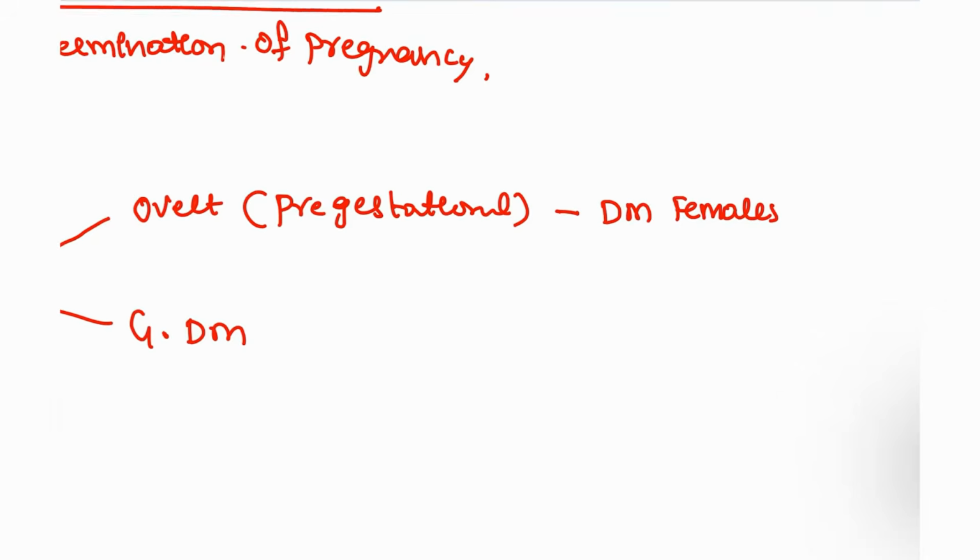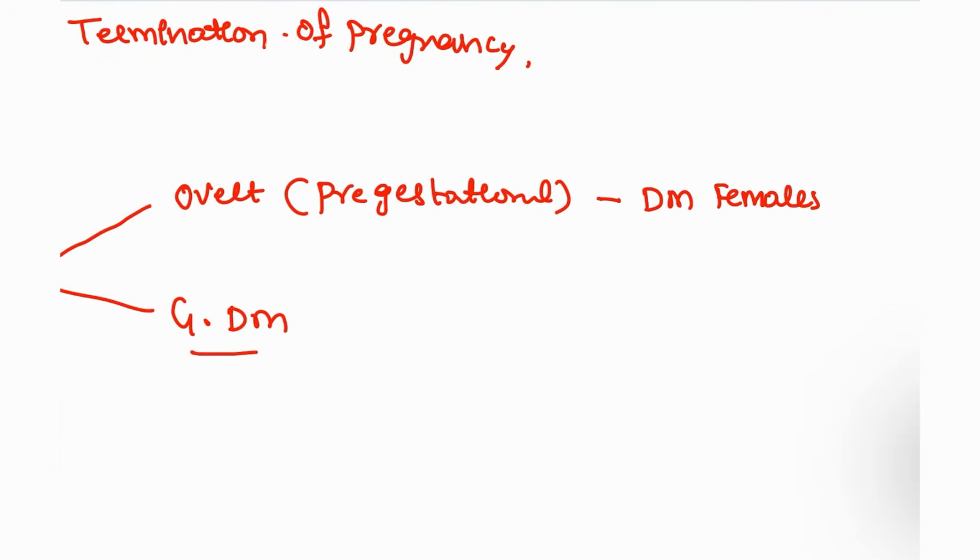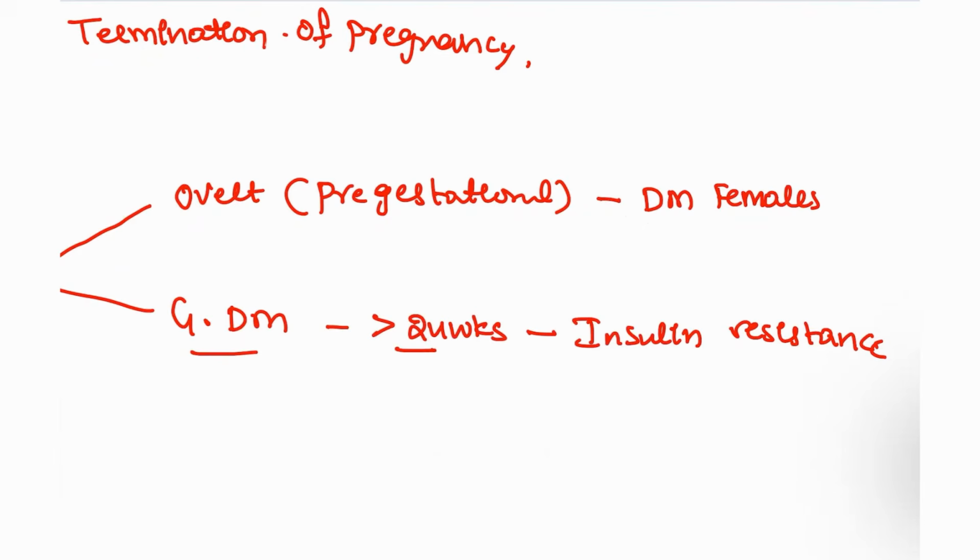In gestational diabetes mellitus, after 24 weeks of gestation, there is a high chance insulin resistance will be seen. Okay, due to the physiological changes, around 24 to 28 weeks this will be seen, and before the pregnancy or in the first trimester they are not diabetic. Okay, only after 24 weeks is there a significant increase in the insulin resistance.